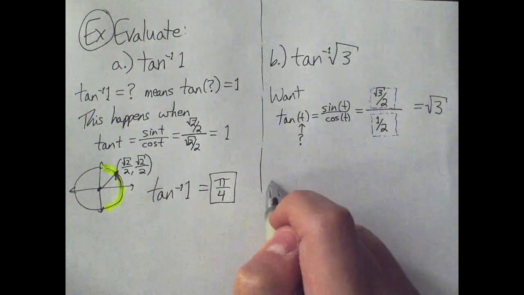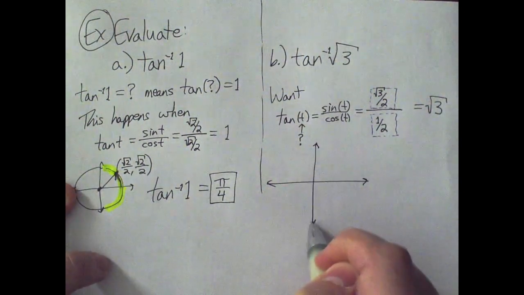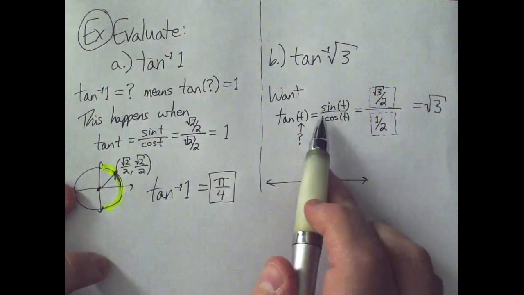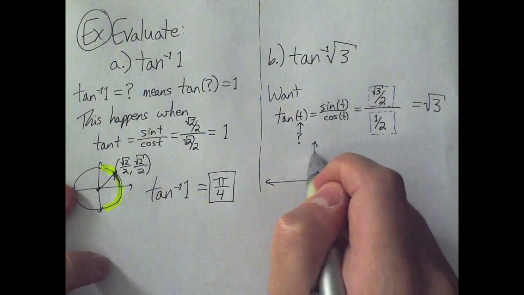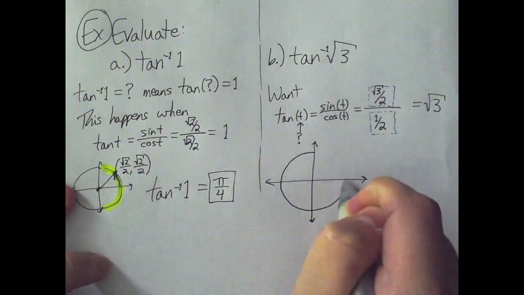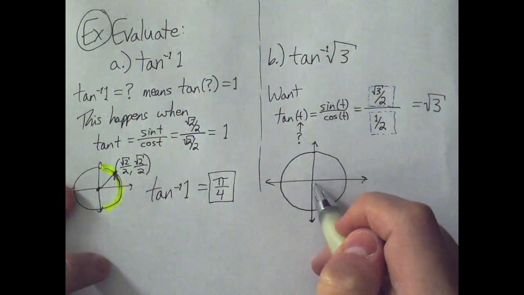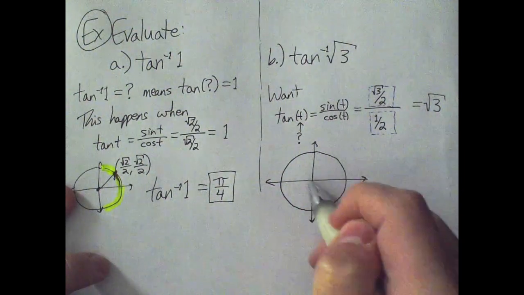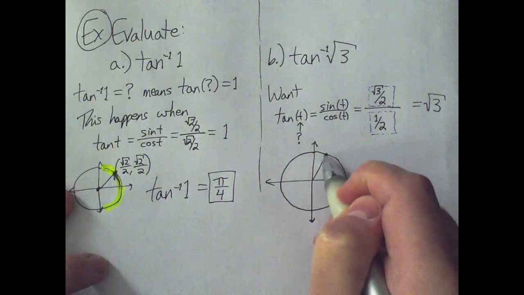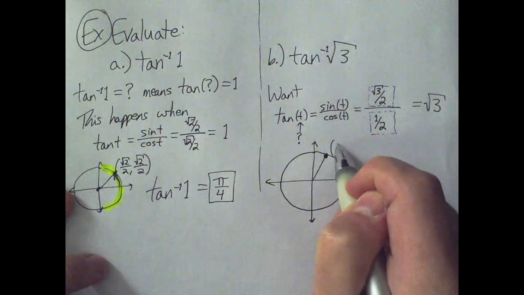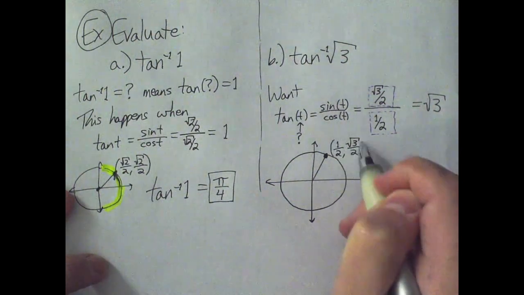So then I ask myself, where on the unit circle does sine of t equal that number, while at the same time cosine of t equals that number? And it happens about here, when we have the terminal point 1/2 comma root 3 over 2.